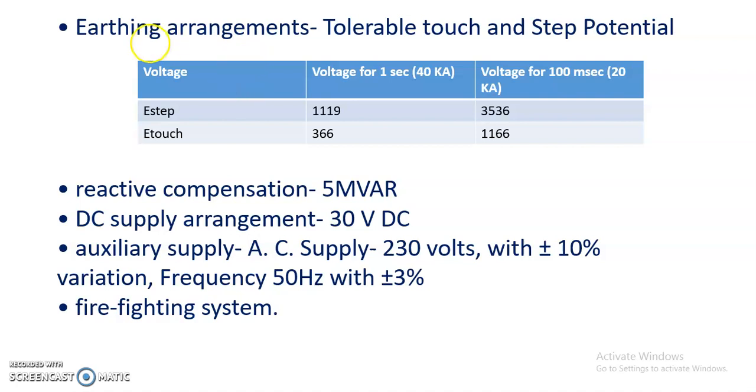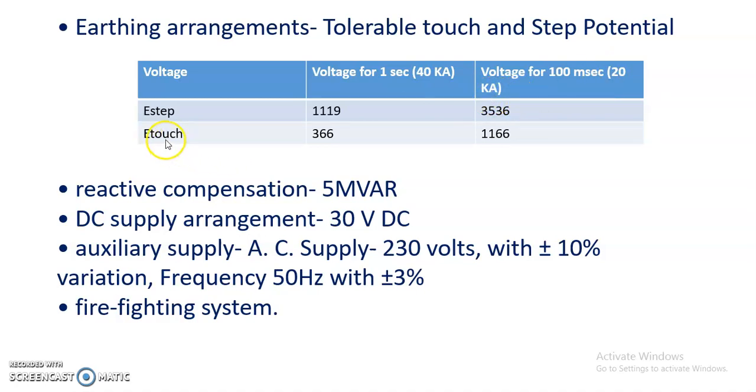For step potential it is 1119 volt for 1 second if the current is 40 kiloampere, and 3536 volt for 100 millisecond if the current is 20 kiloampere.